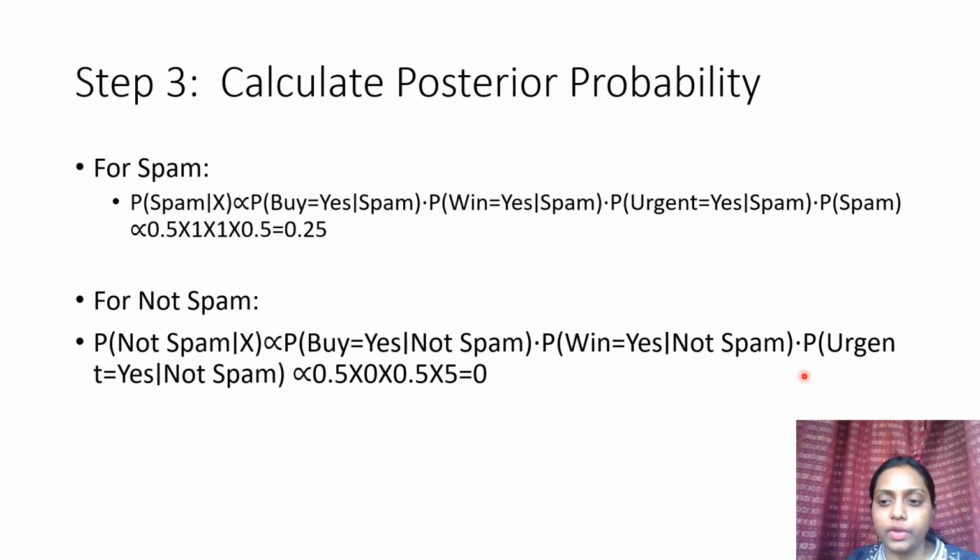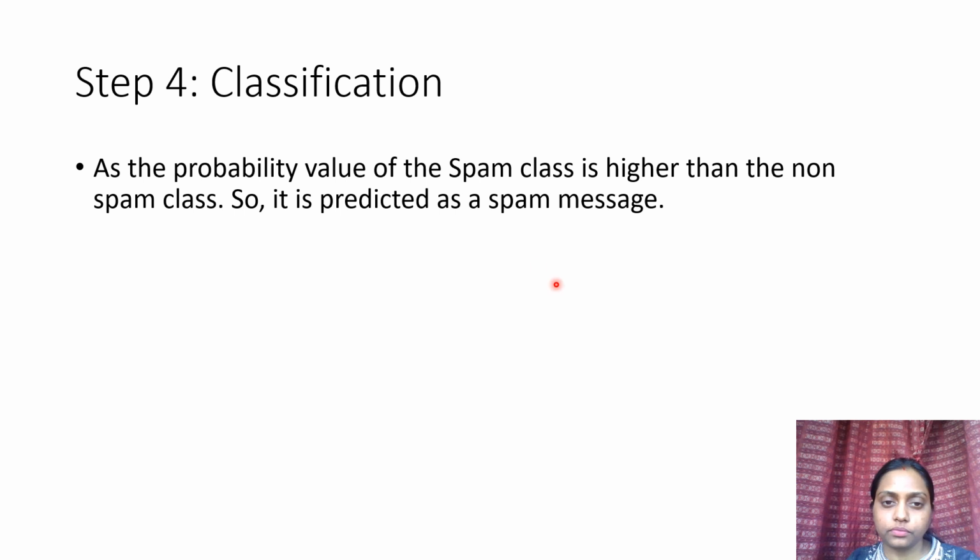So from this table we can see what our classification result is. Is the message spam or not? As we are getting the greater value in the spam category, the message is predicted as a spam message.